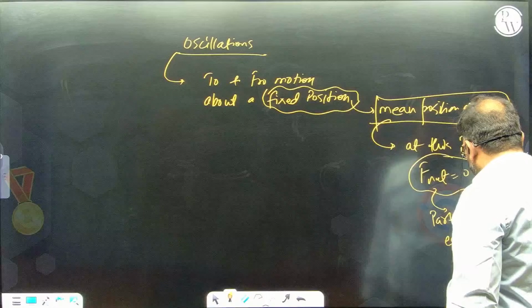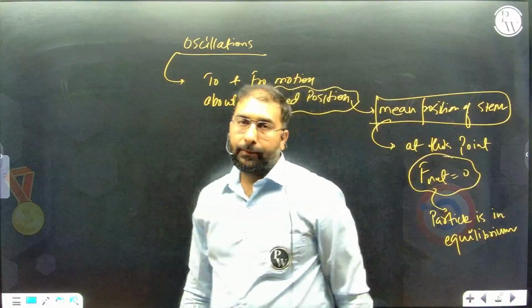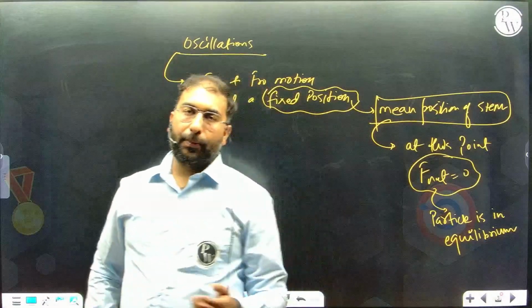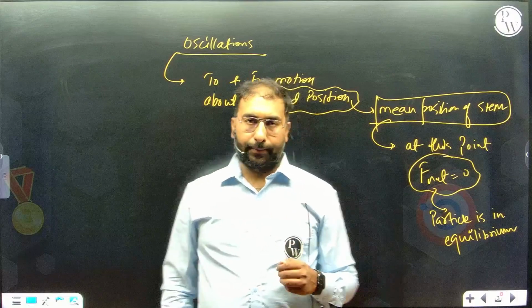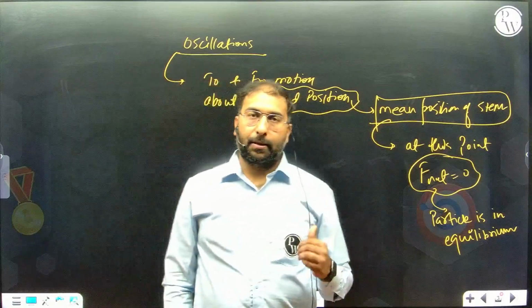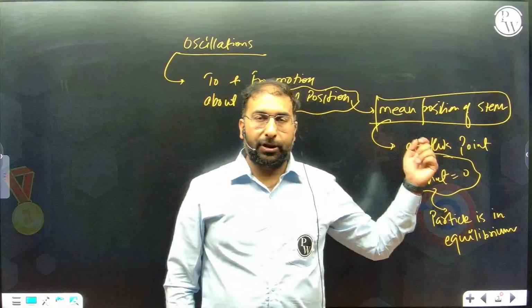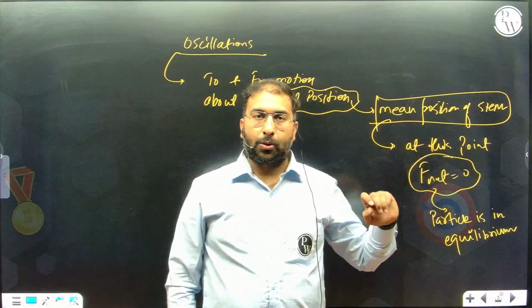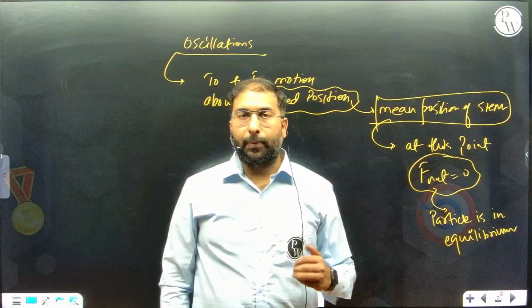And in the work energy power chapter, we have understood that we can have 3 types of equilibrium: stable equilibrium, unstable equilibrium, and neutral equilibrium. So any one of you can tell me what type of equilibrium it is. At mean position, the particle is in equilibrium, so definitely the net force acting on the particle is 0. But what type of equilibrium point is it?